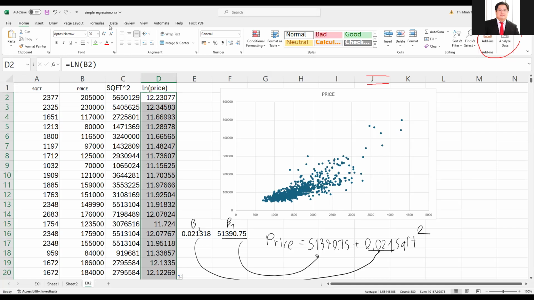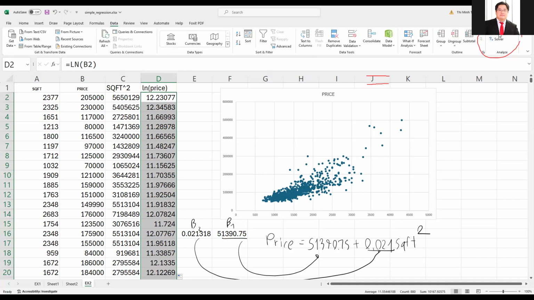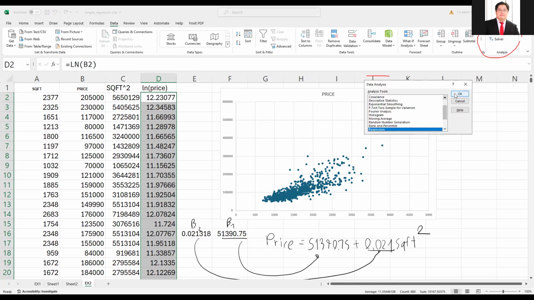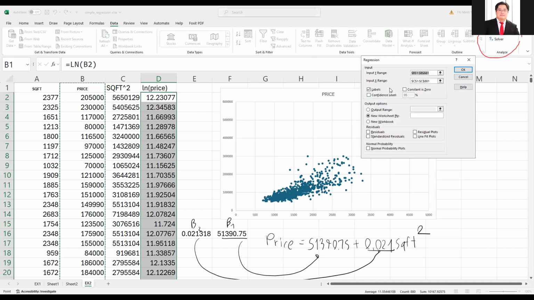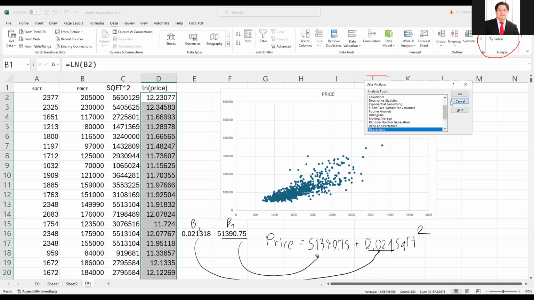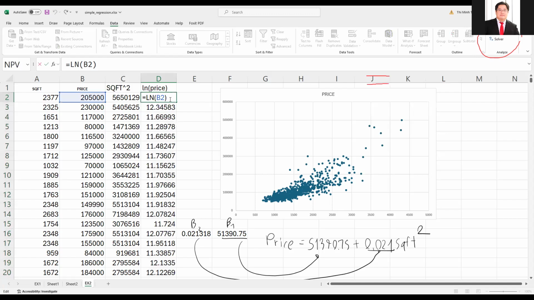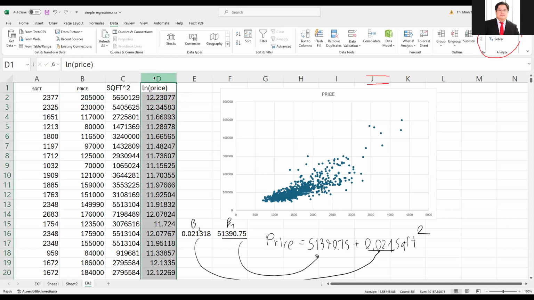Okay, data analysis, but this time, for log price, it is okay. And then do it again, but this time please use log price versus square feet.